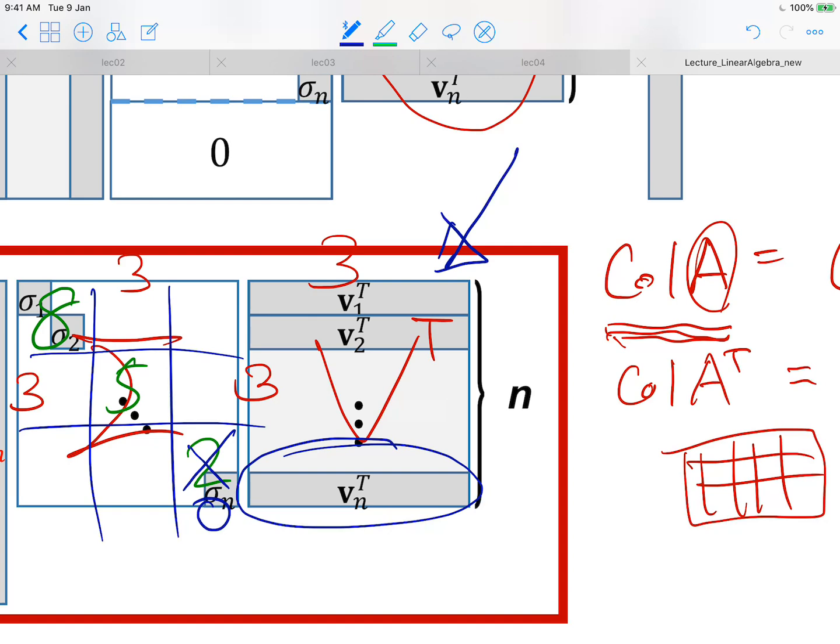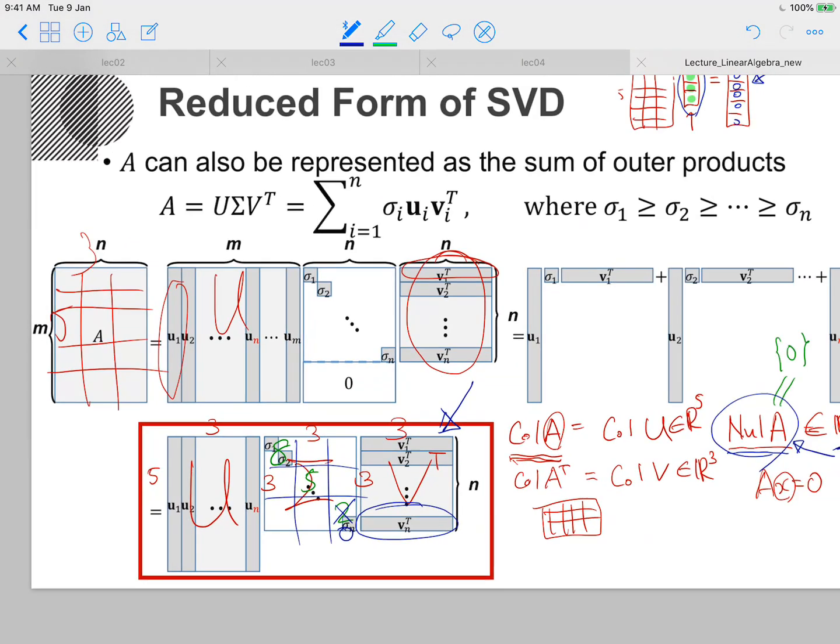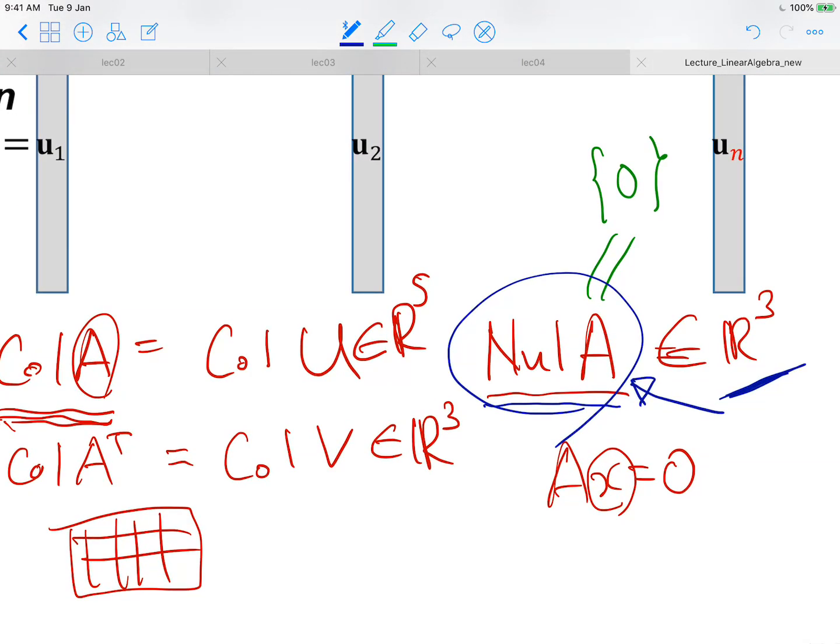Suppose we have only 30 non-zero singular values, and 20 of them are 0. Then, corresponding to these 20 zero ones, we will have 20 orthonormal vectors, and those will be the orthonormal basis of the null space of A.